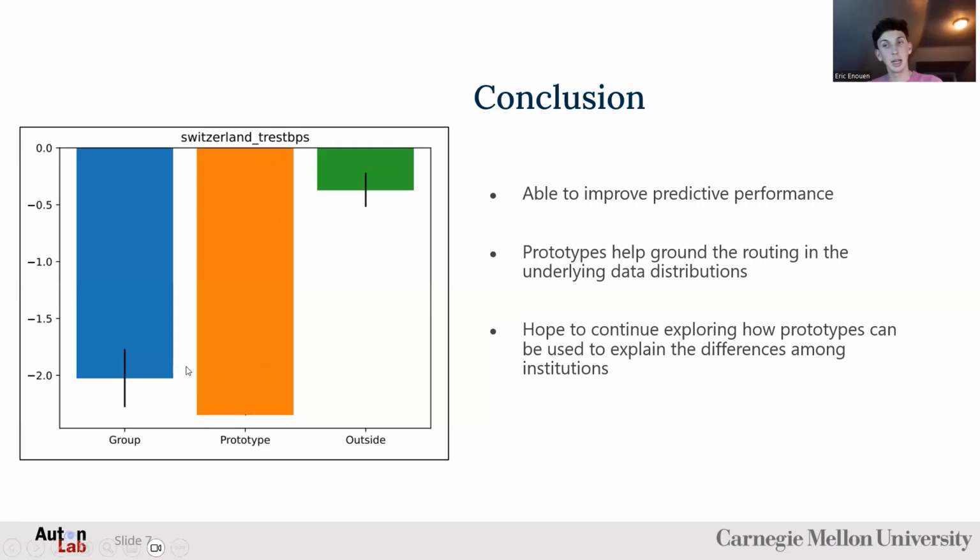And so you can see that these line up much closer than all of the samples that are not sent to the Switzerland model. And so we hope to continue trying to explore this prototype idea and how they can be used to explain the differences between institutions.